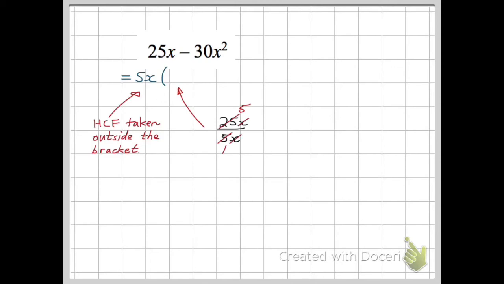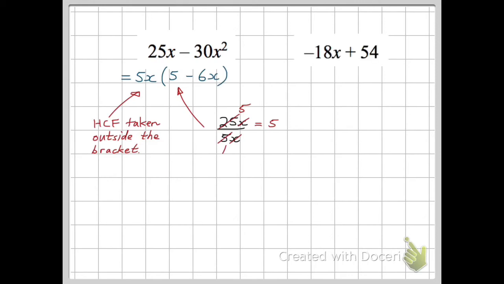They cancel out. So 25x divided by 5x is 5. That's the missing number. We have a minus sign, and then you repeat the same pattern. 30x squared divided by 5x. 30 divided by 5 is 6. x squared divided by x is x. Close the bracket and you're done.